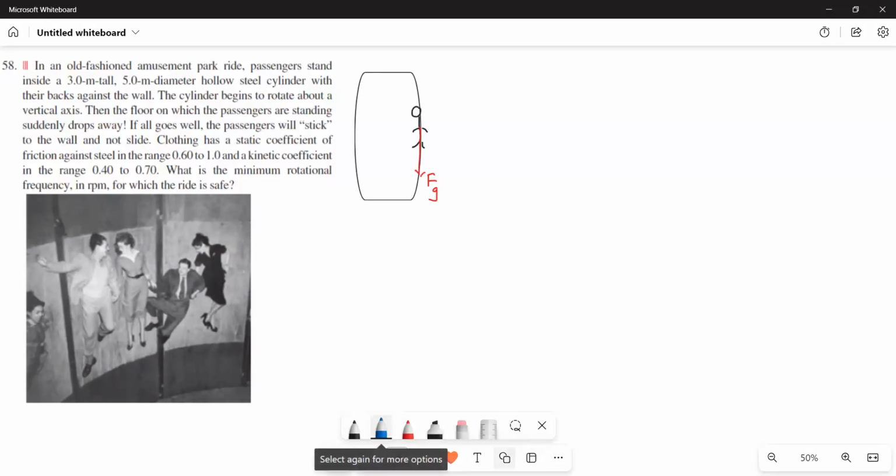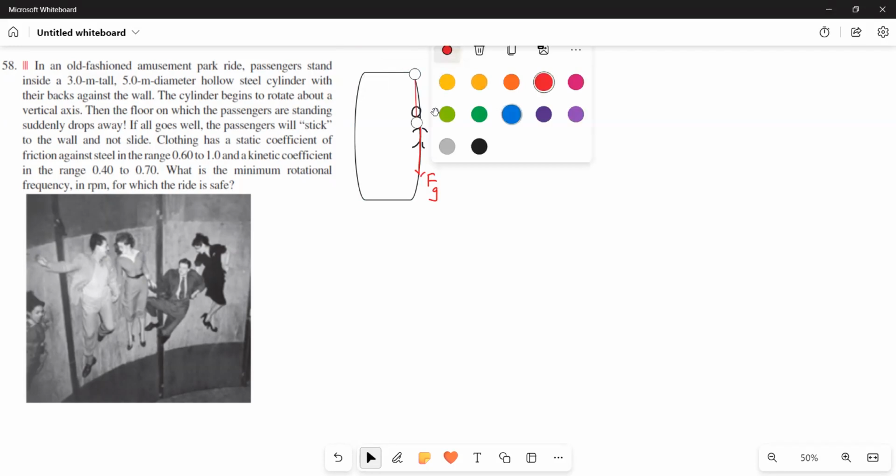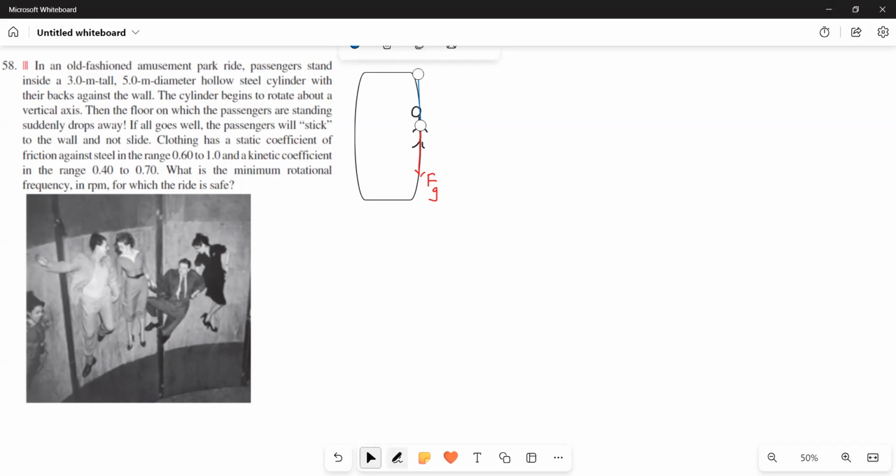So this is the friction force, and I'm showing it with a different color. Now, we know F friction is equal to mu Fn.